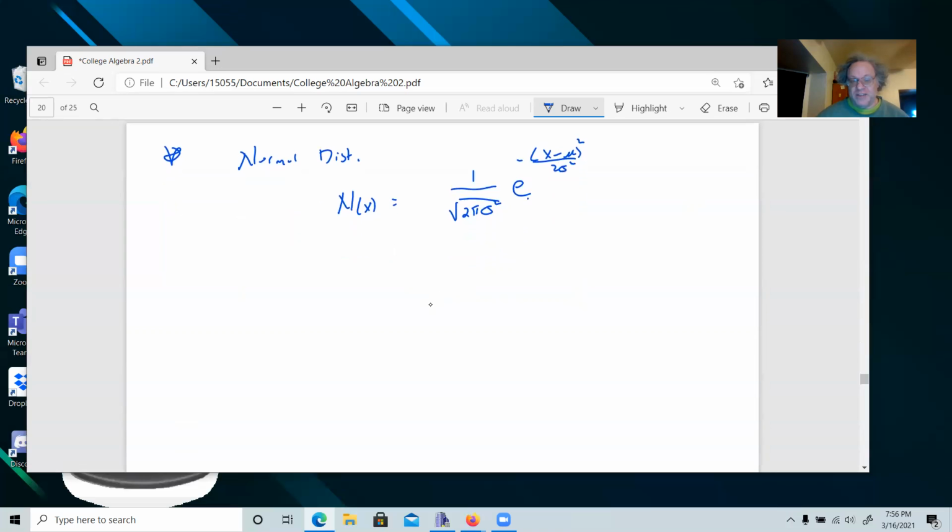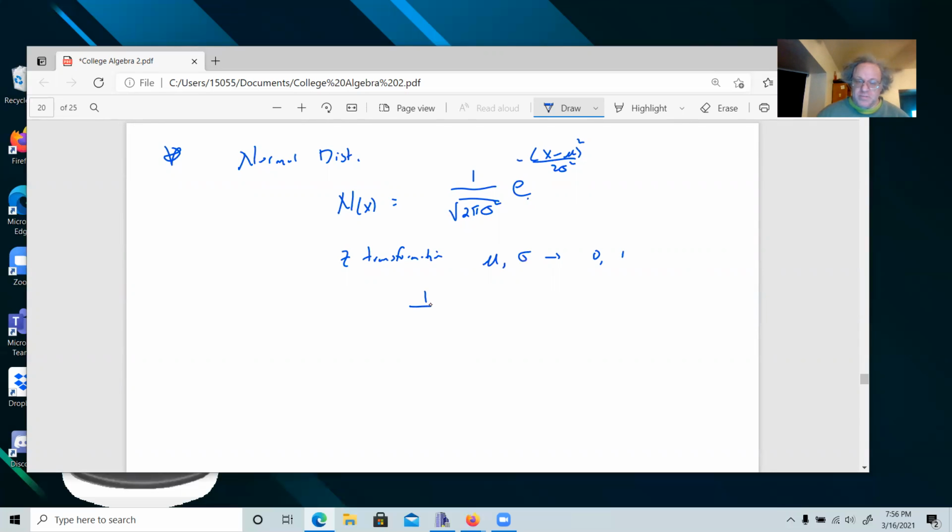I'm a little surprised that they didn't make this a little bit easier for you, because in statistics class, we use what's called a Z transformation. And we take all of our variables, right? We could have a mu and a standard deviation, and we map them into a distribution where the mean is 0 and the standard deviation is 1.